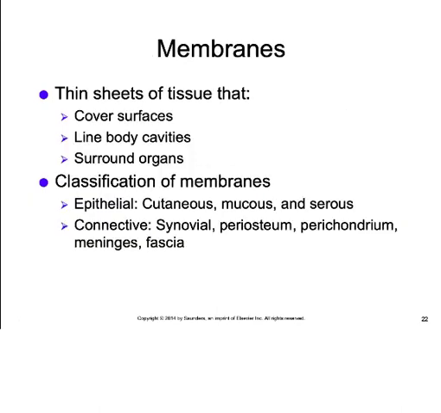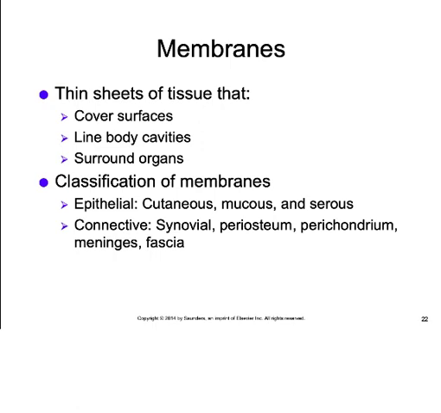Membranes are just sheets of tissue that cover surfaces or line body cavities or surround organs. So examples include cutaneous membranes, such as what covers the outside of your body, okay, your skin.